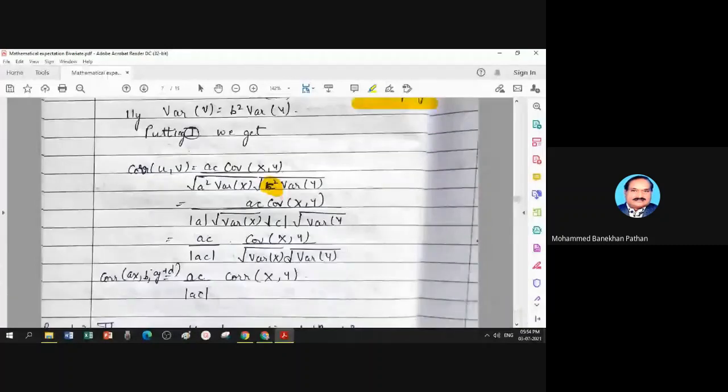Mod A multiply mod C is the absolute value of AC.